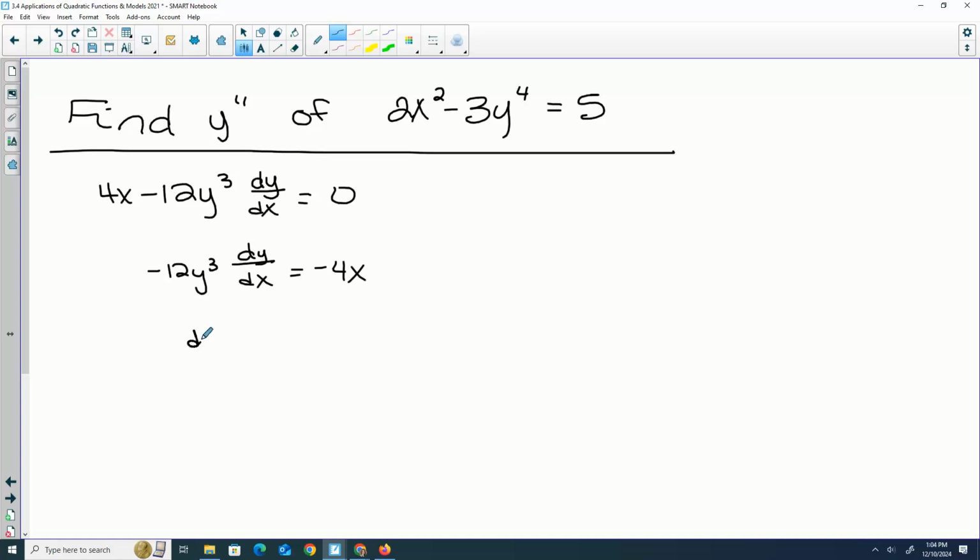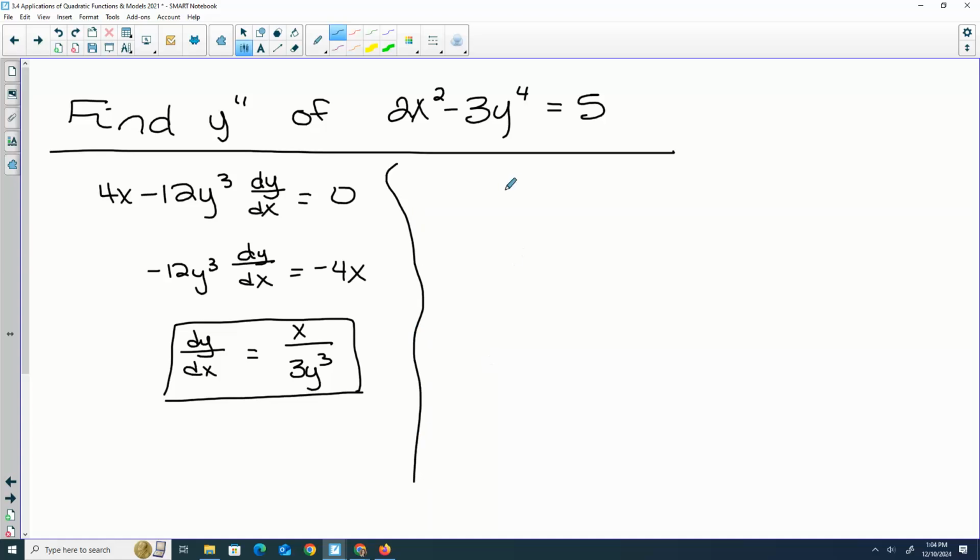So then I divide by my negative 12y cubed, x over 3y cubed. So that's our first derivative.